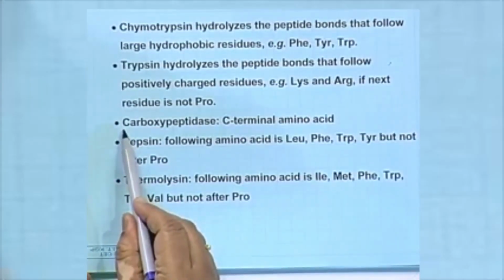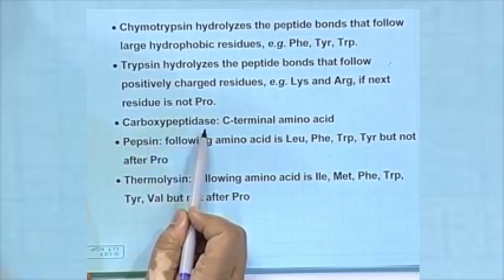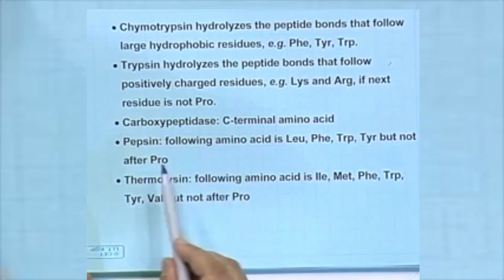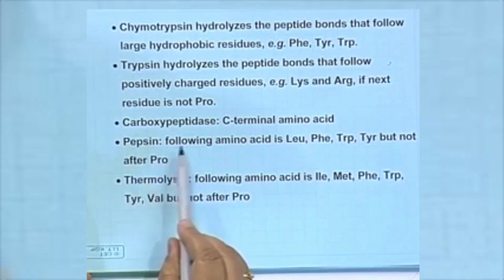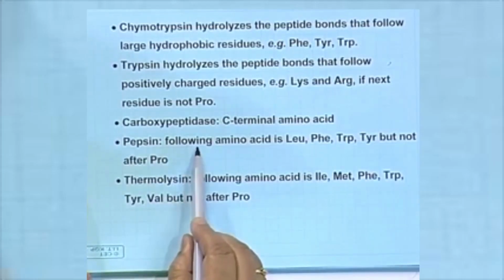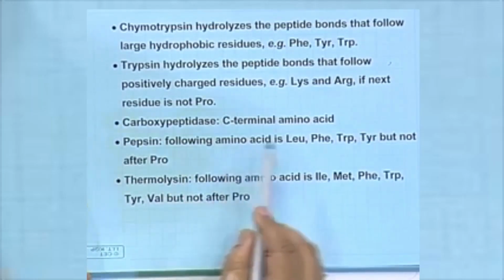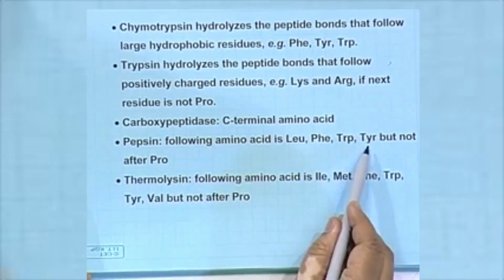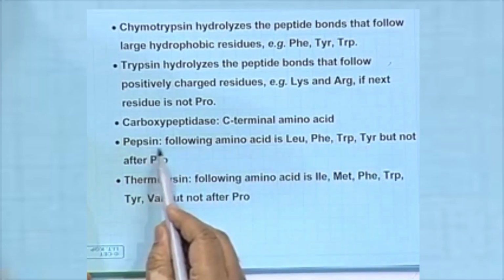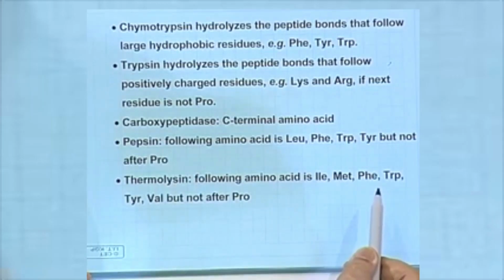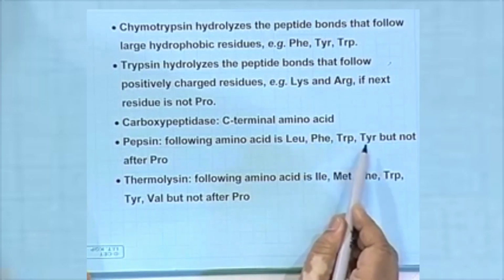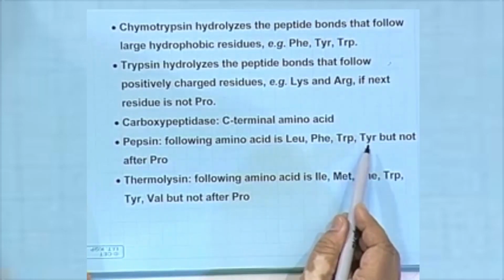Another enzyme, carboxypeptidase, will tell us what the C-terminal amino acid is. Pepsin will cleave if the following amino acid is leucine, phenylalanine, tryptophan or tyrosine. So, where is pepsin cleaving? Only if the following amino acid is either leucine, phenylalanine, tryptophan or tyrosine. Okay?